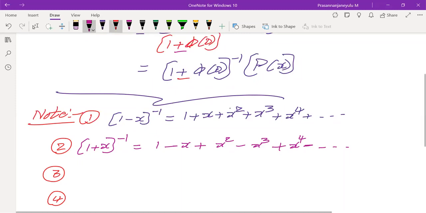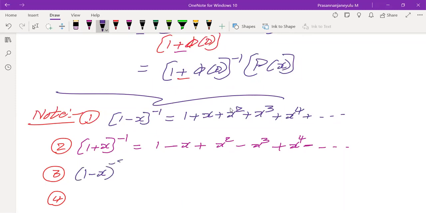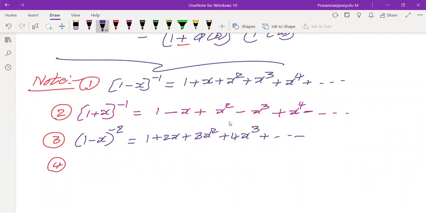In the same manner, you know that 1 minus x whole power minus 2, but rarely we will use this. 1 minus x whole power minus 2 is 1 plus 2x plus 3x square plus 4x cube plus 5x power 4 and so on. Whenever and so on, put only 3 dashes, that's enough.